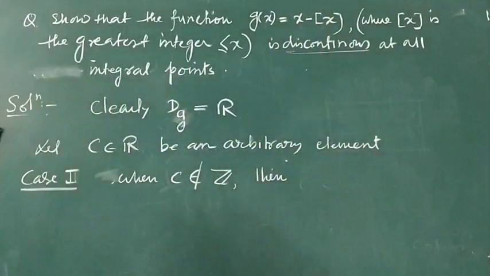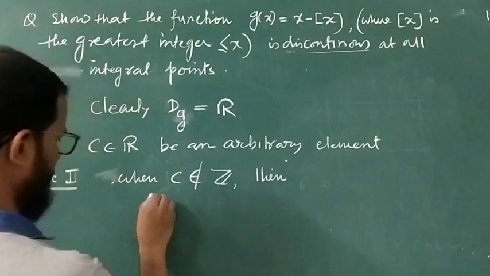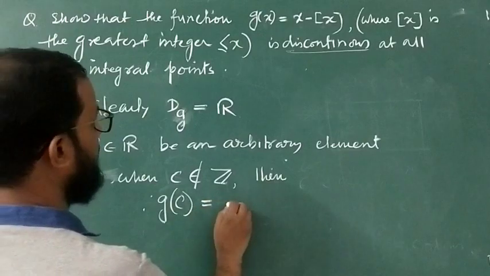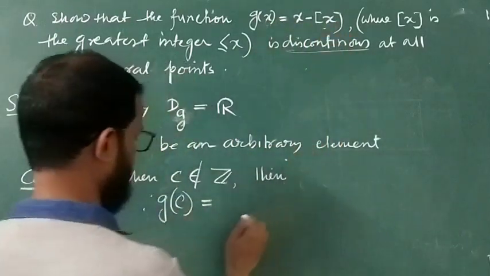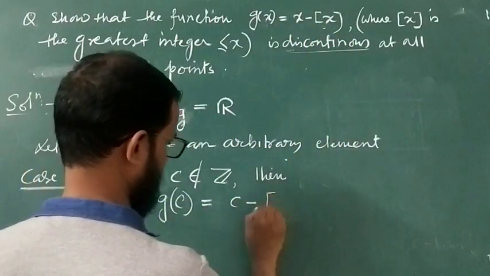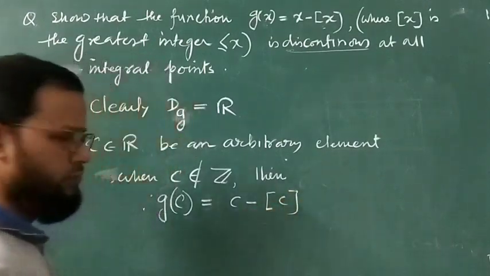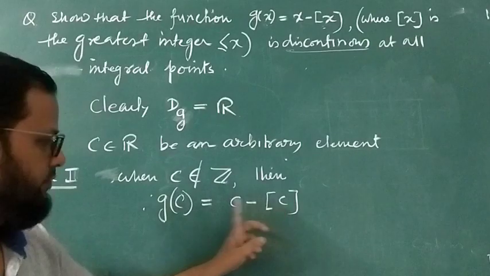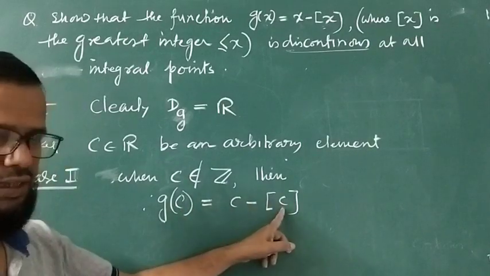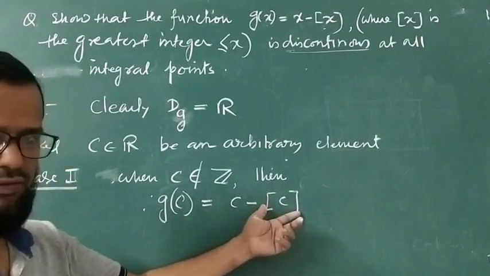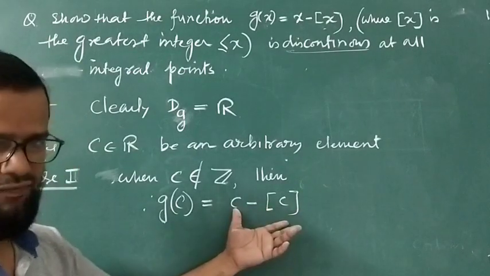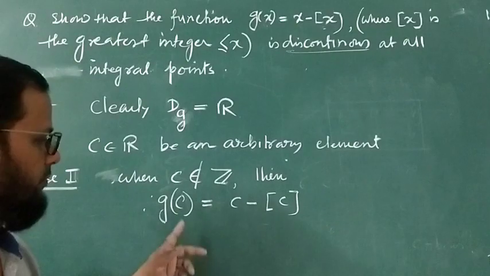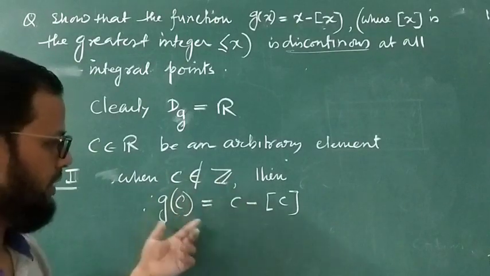Some such number will come. So what will be G of C? G of C equals C minus box C. For different values of C we will get different values. Suppose you take C equal to half; you will get the greatest integer value, and after subtracting you will get the final value. So we will get all the values of G of C, for every C not belonging to Z.